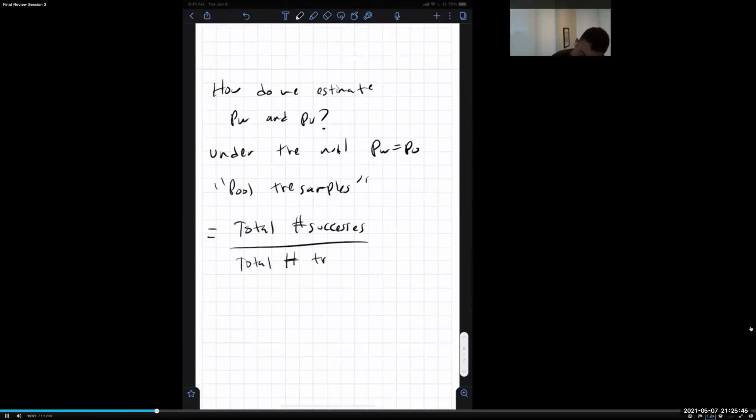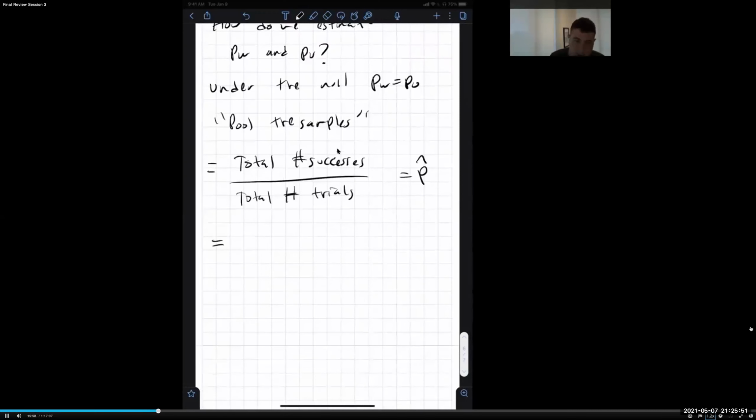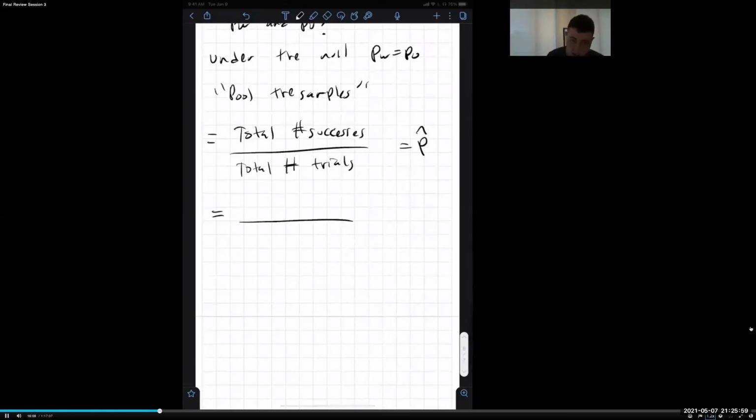And that's going to be our overall estimate for p hat, or best estimate of the null for the true value. In this case, the total number of trials is 61, and there were only 10 failures, so it's 51 over 61 is our best guess essentially for p.